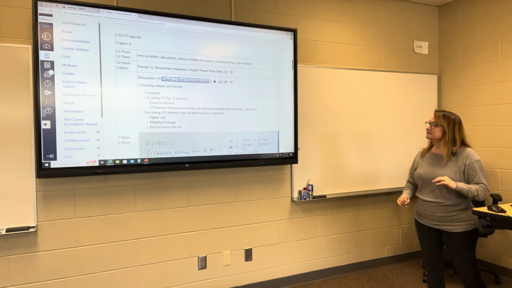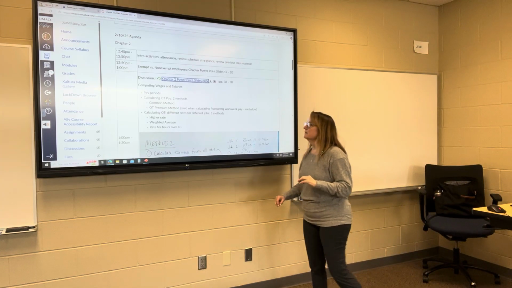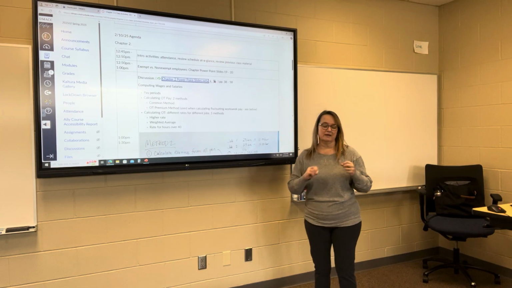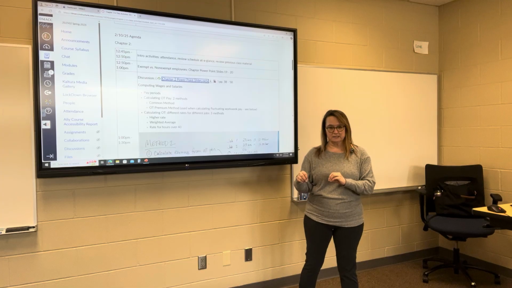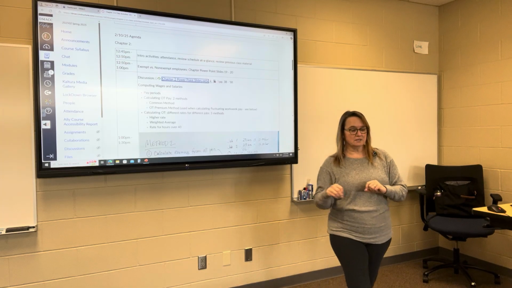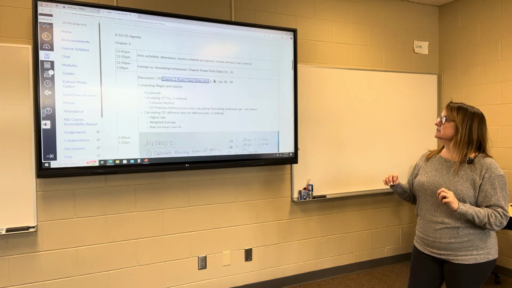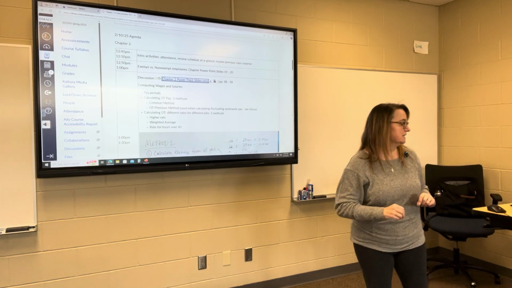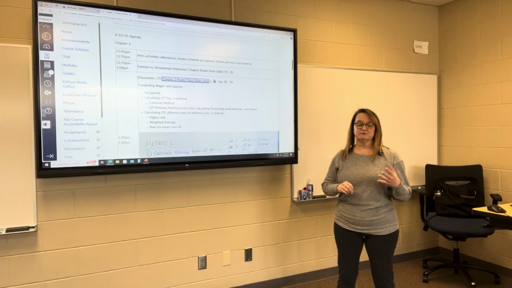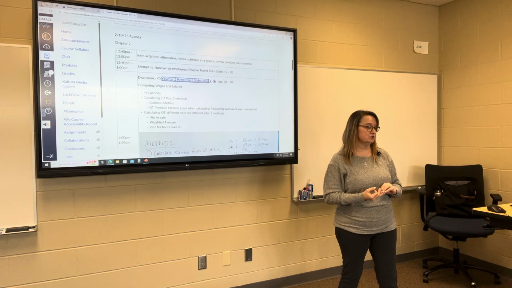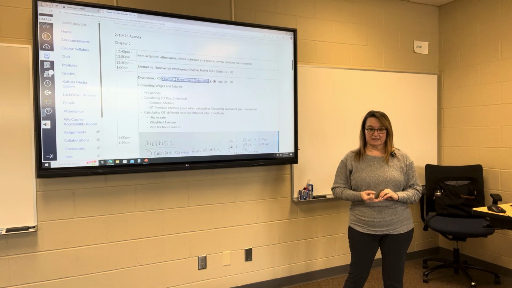So what we're going to talk about today, I think we didn't quite get to talking about exempt versus non-exempt employees. The exempt portion is whether or not somebody is exempt from the overtime and minimum wage provisions of the FLSA.